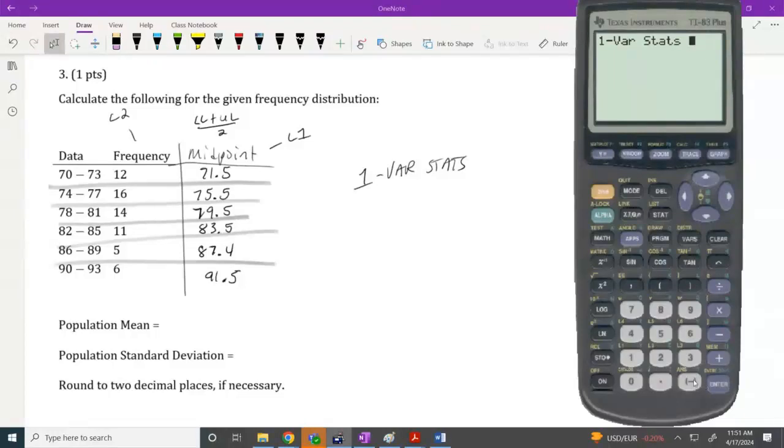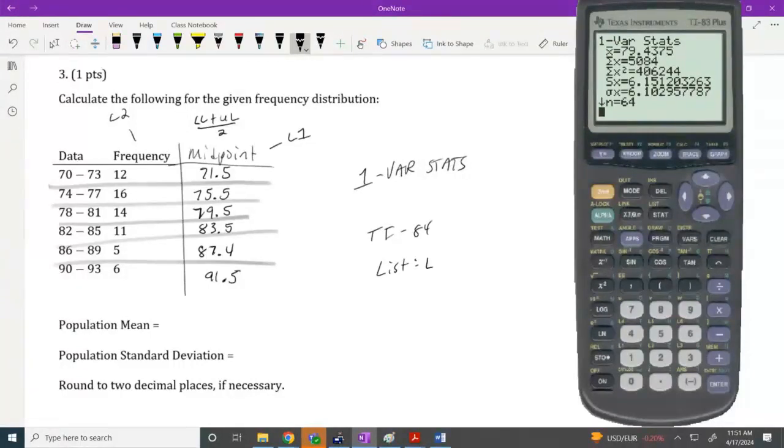So now my calculator looks a little bit, if you have a TI-84, it looks a little bit different. Since I'm using 2 columns, I have to tell the calculator I'm using 2 columns. So I'm going to put in list 1, comma, list 2. But if you have a TI-84, I believe it says X list and then frequency list.